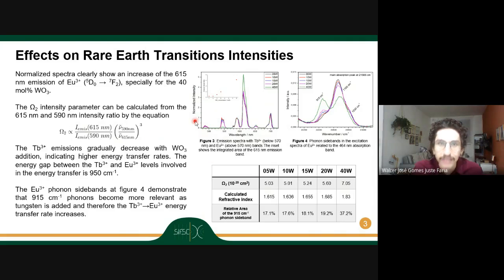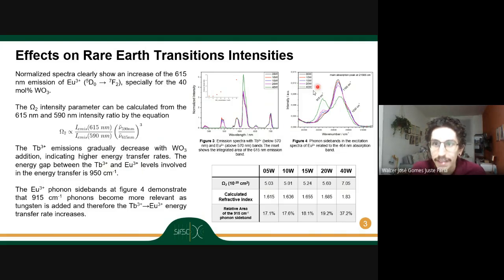This is because the transition from terbium to europium increases with increase of tungsten. The gap between the levels that are involved in this energy transfer between terbium and europium is more or less 950 inverse centimeters. So if we have a phonon in our matrix that is close to it, this phonon bridges this gap, and then the transfer occurs.